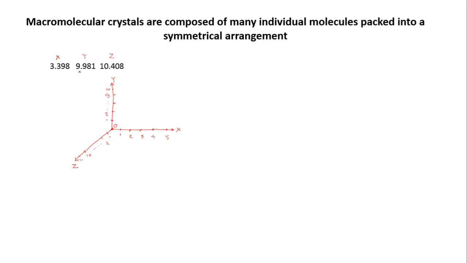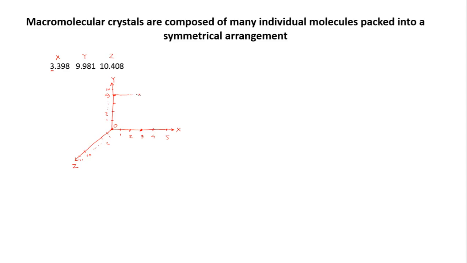So what these coordinates represent is the location of your nitrogen atom. Your nitrogen atom is located on the x-axis at a distance of 3, so over here this is your x coordinate. On the y-axis it is located at the 9th position, which is over here.